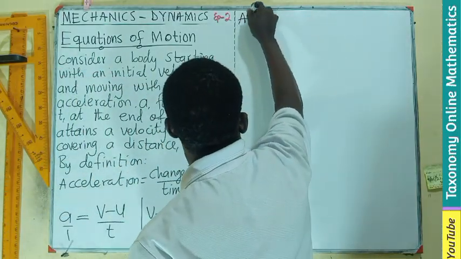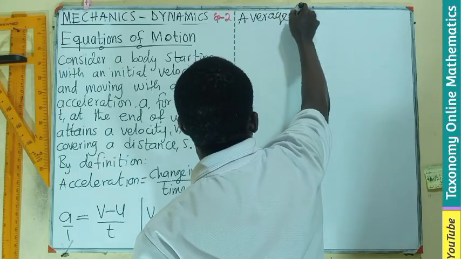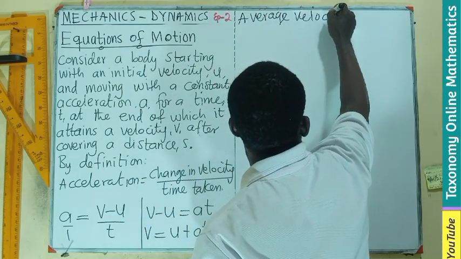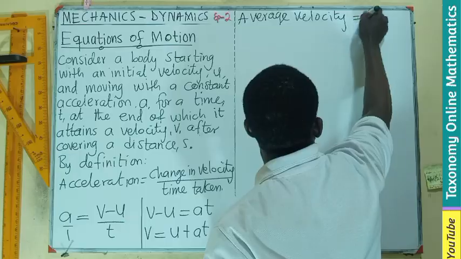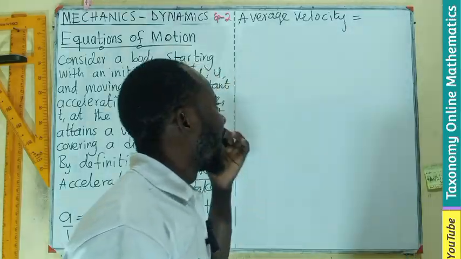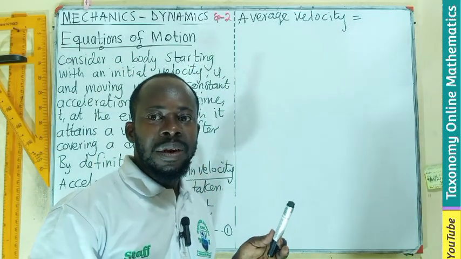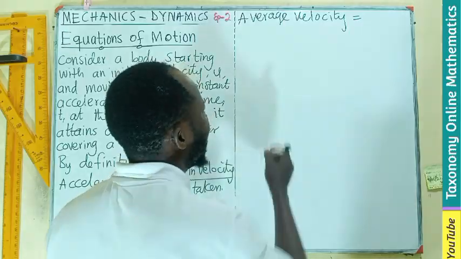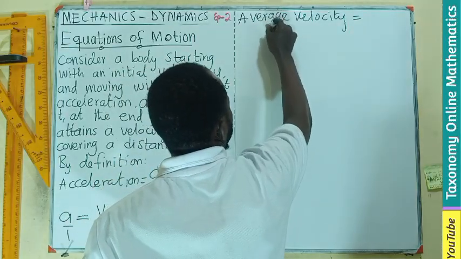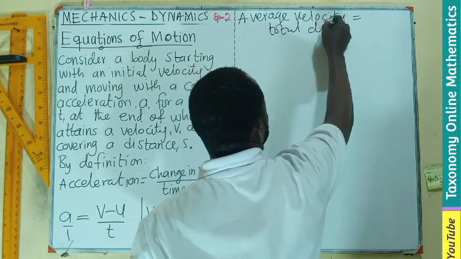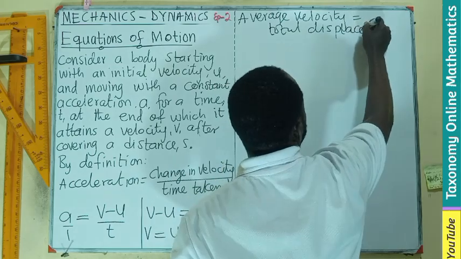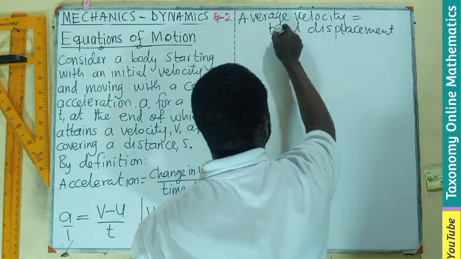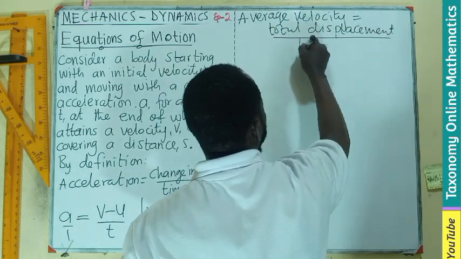Then let's also make use of velocity. So let's say we have average velocity, which is also equal to the total displacement over the total time.